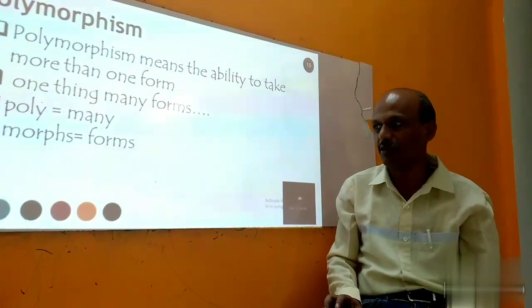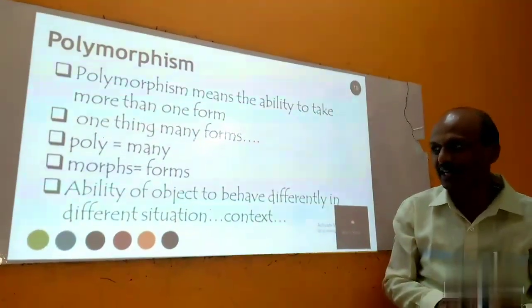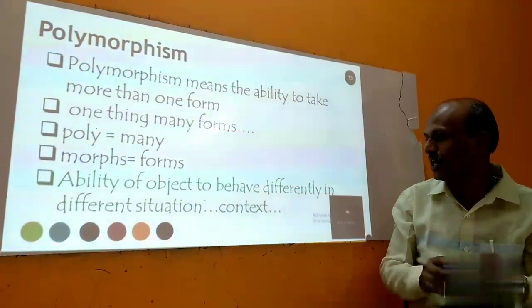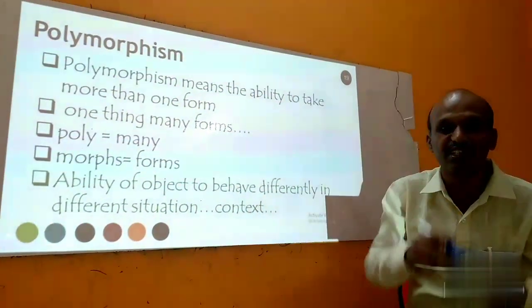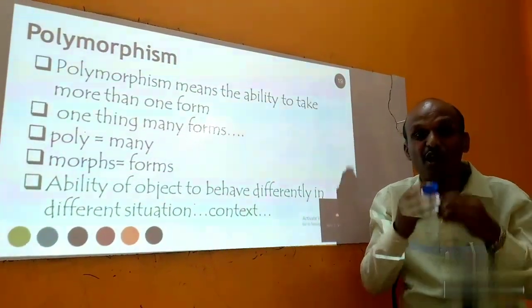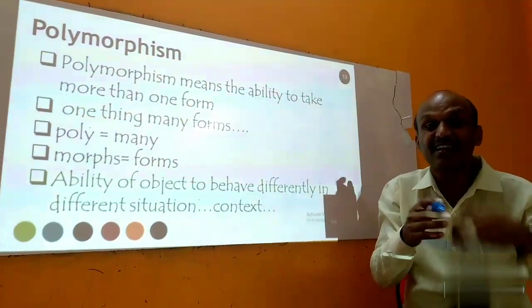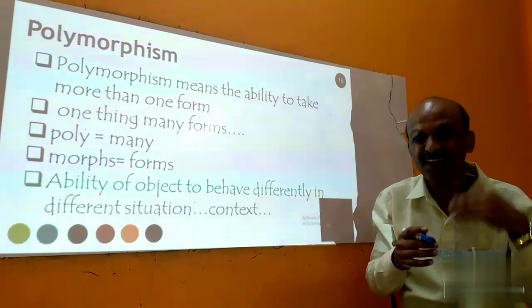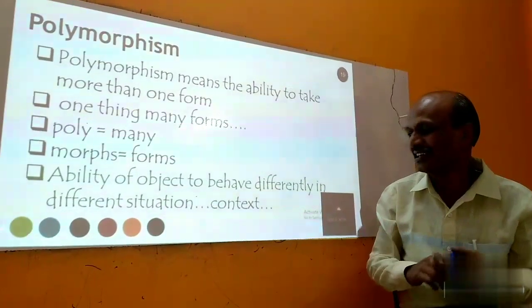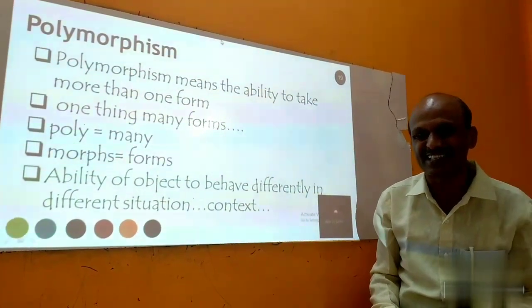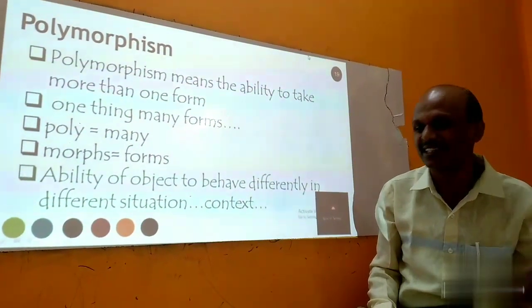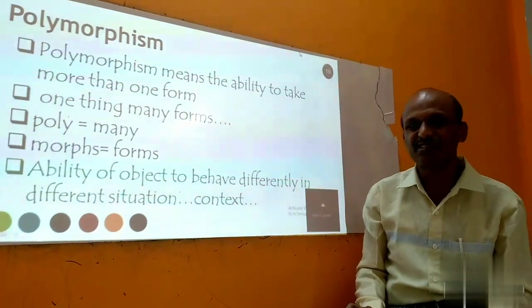One thing, many forms. So in programming, the ability of an object to behave differently in different situations, or the ability of an object behaving at runtime, in a runtime situation or runtime context. When context is changed, behavior is changed. It is called polymorphism.